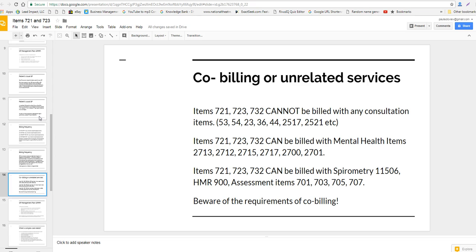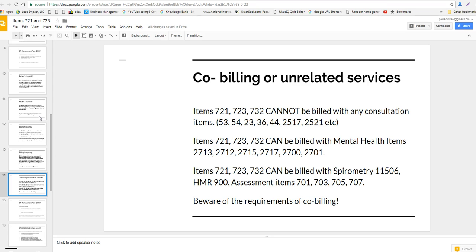However, items 721, 723, 732 can be billed with mental health items: 2713, 2712, 2715, 2717, and so on. Items 721, 723, 732 can be billed with all other items, with a spirometry item, HMR, assessment items.